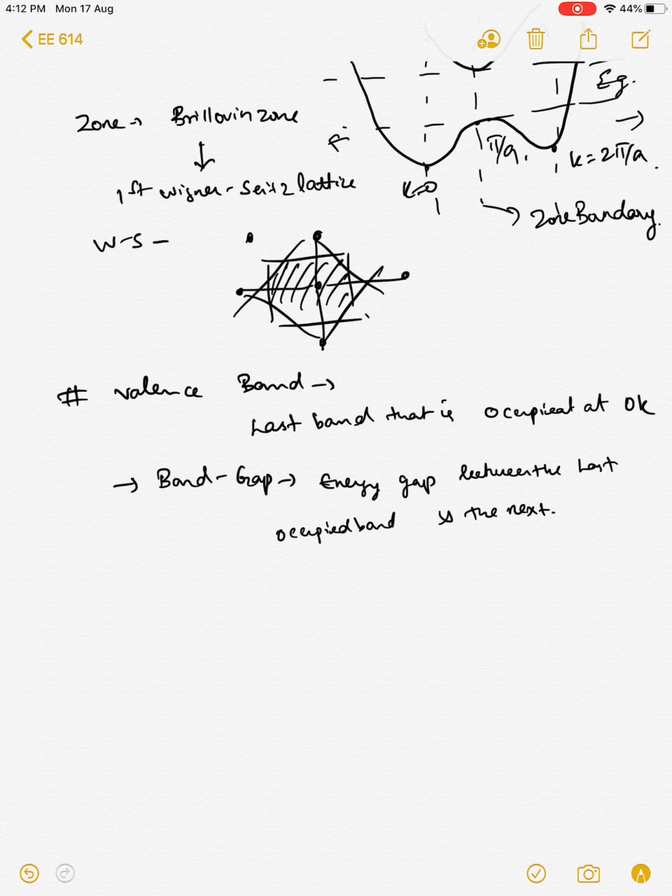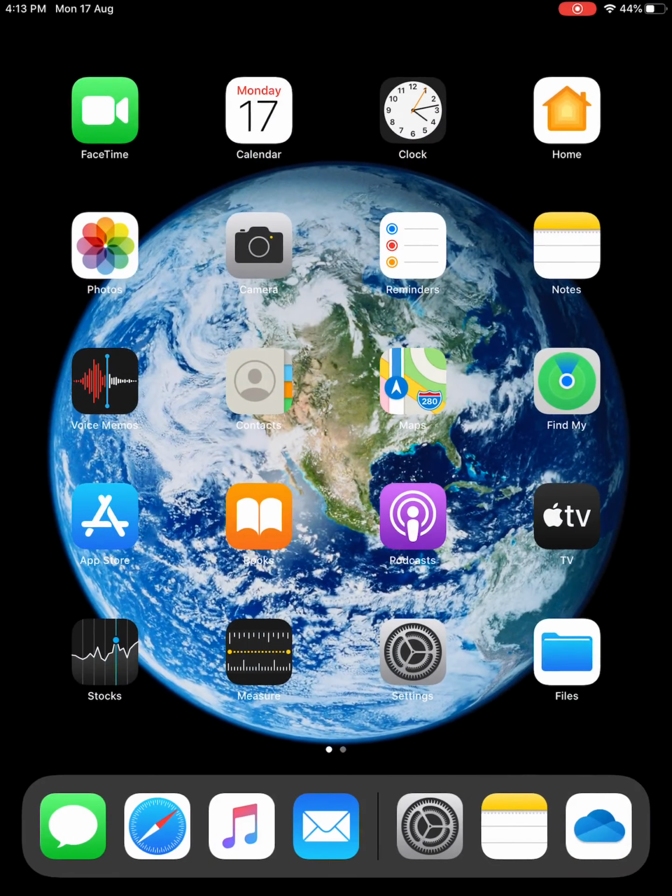In the previous section, we proved the existence of a band gap if you have a periodic lattice. And here we see that at 0 Kelvin, you start filling the bands, and the band which was last occupied is called the valence band, and the next band is called the conduction band, right?